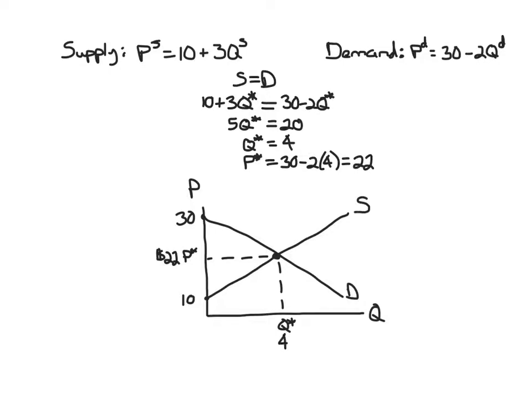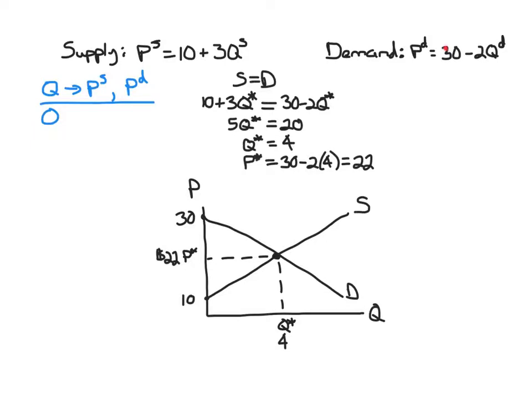Right, so the other way we can do that is by plugging in different values for the supply and the demand curves. So let's set up a little chart here for different quantities. We'll see what is the supply price and what is the demand price. Okay, so for a quantity of 0, plugging that into the supply curve, we would get 10 plus 0 is 10.